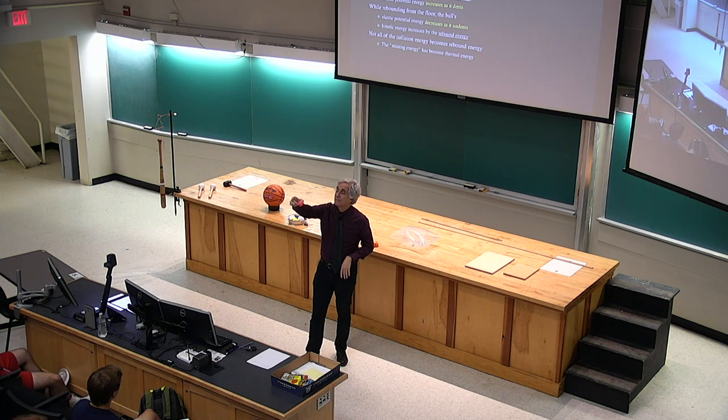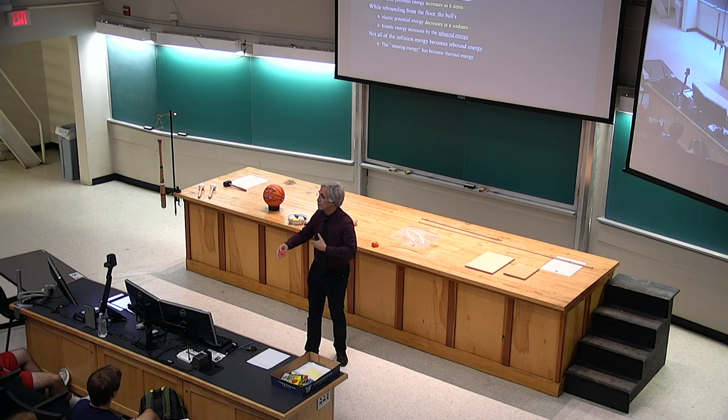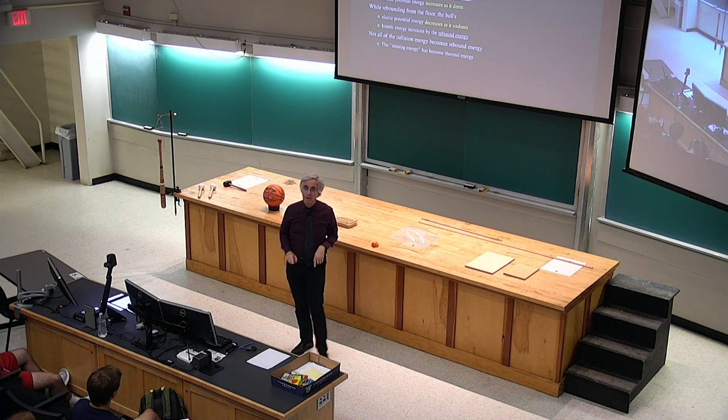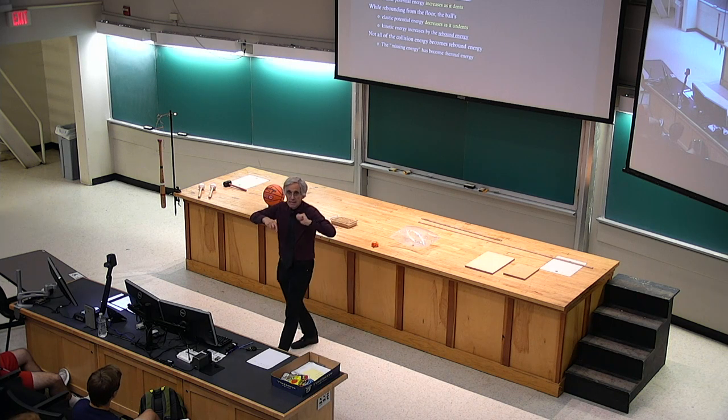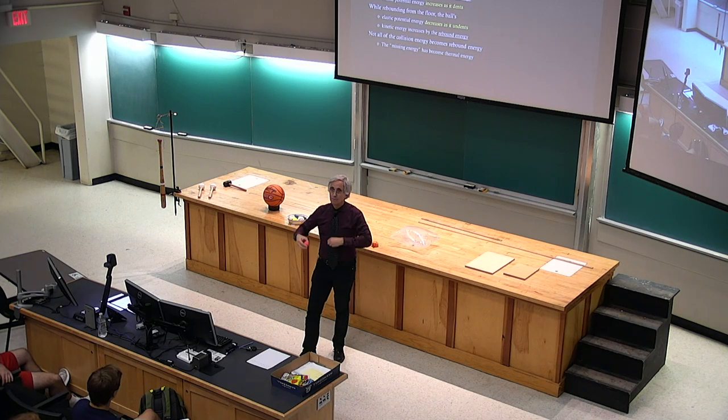If I let go of it, it turns what started as gravitational potential energy into kinetic energy as it descends. So its energy isn't changing, it's just changing forms, right? The gravitational is going down, the kinetic's going up, and just moments before the ball hits the ground, all of its energy, at least according to this story, is in kinetic form, energy of motion.